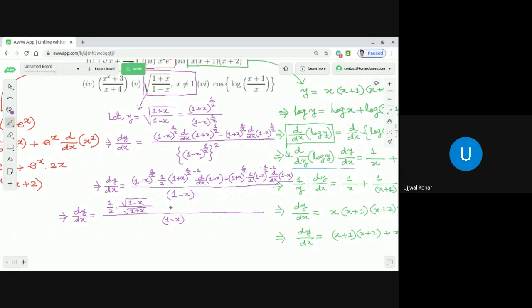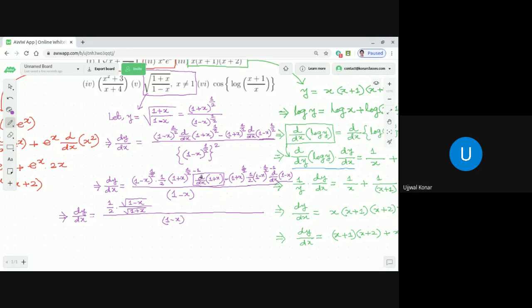Devanshu, are you getting my point? Yes, sir. So 1 by 2 I took it here, then 1 minus x power 1 by 2 is square root of 1 minus x, and 1 plus x power 1 by 2 minus 1 is 1 by square root of 1 plus x. Simple algebraic simplification. And ddx of 1 plus x is what, Devanshu? It is 1.